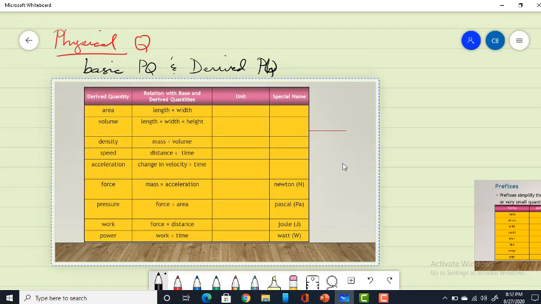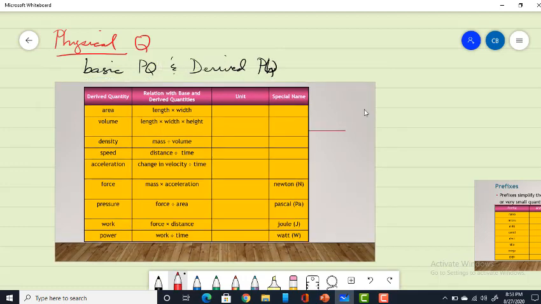So here we have the area, a derived quantity, which is length times width. That's the relation between base and derived quantities. The unit is m squared, and there's no special name, simply square meter.